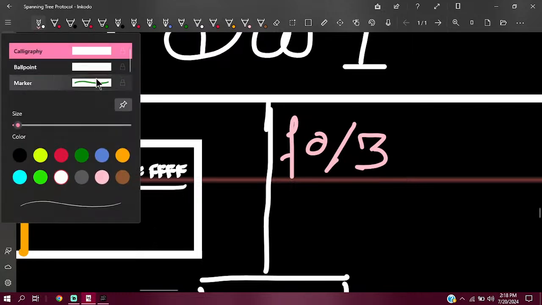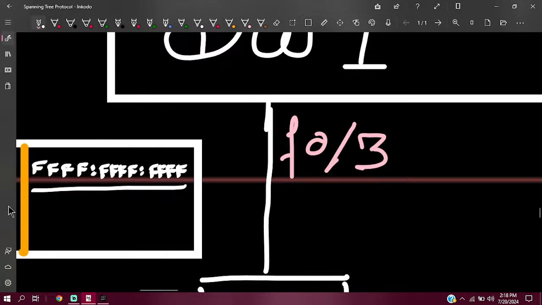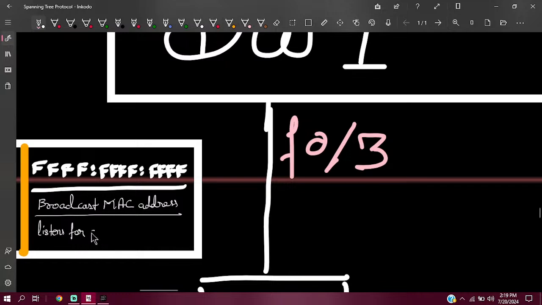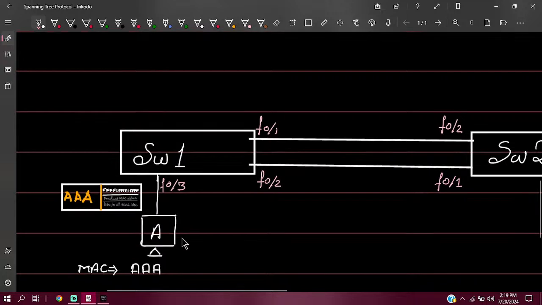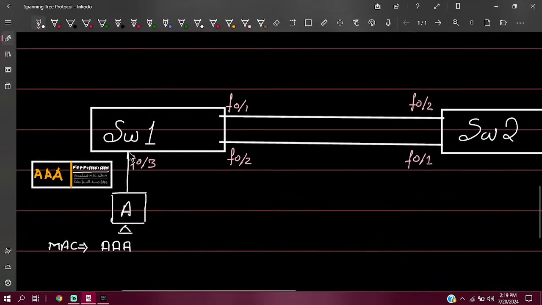And what is the job of a broadcast MAC address? It is sent to all. Now, if PC A has generated this type of broadcast stream, and sends it toward fast Ethernet 0/3 of switch 1, we know switches build a MAC address table.